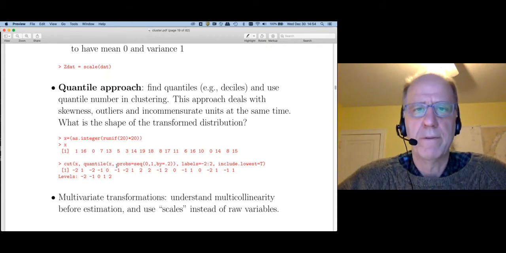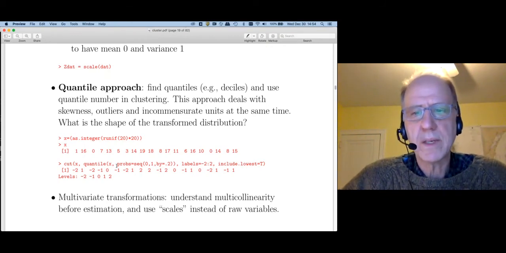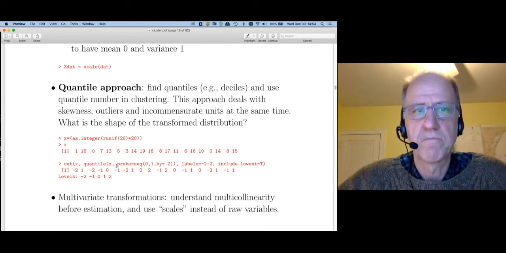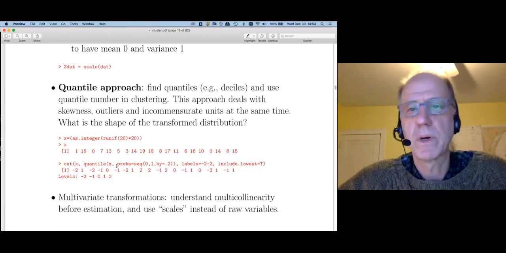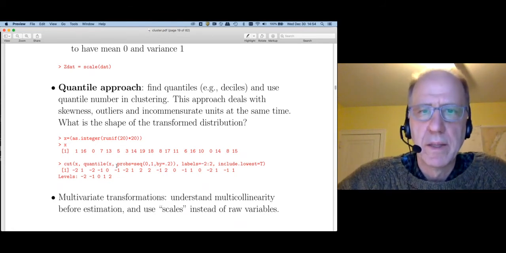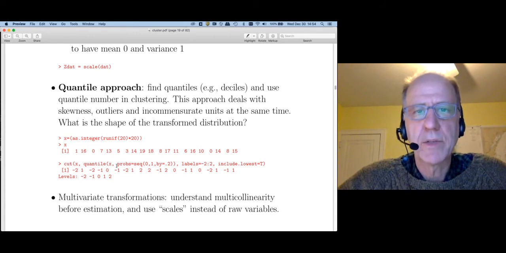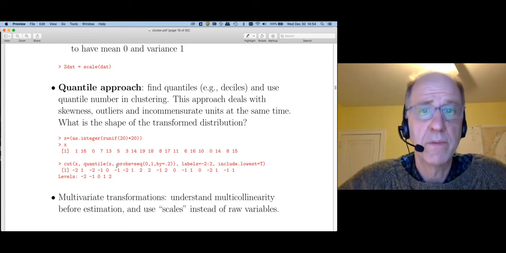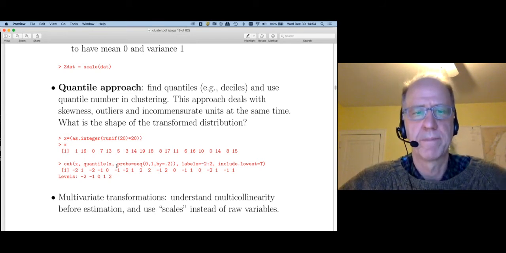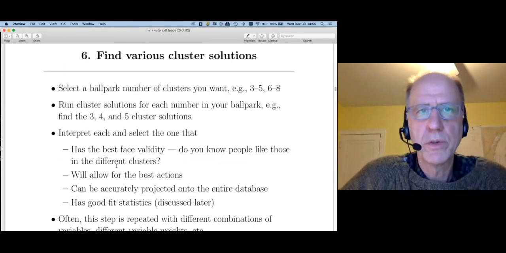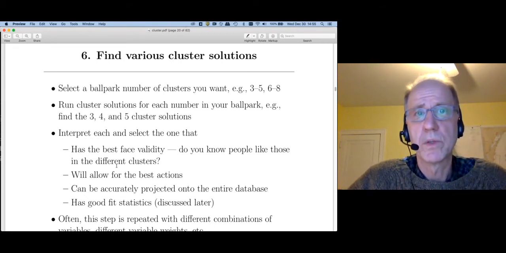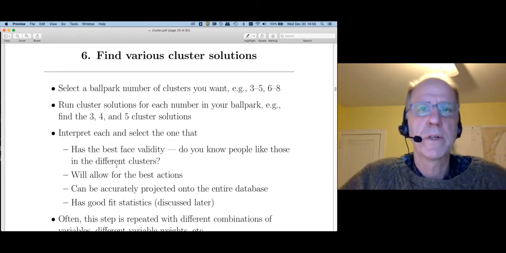So you're better off understanding what these underlying dimensions are and using those in the analysis rather than just dumping variables in there without really understanding the multicollinearity. We're going to talk a lot about these issues in the last week of class when we cover numerical latent variables and factor analysis.